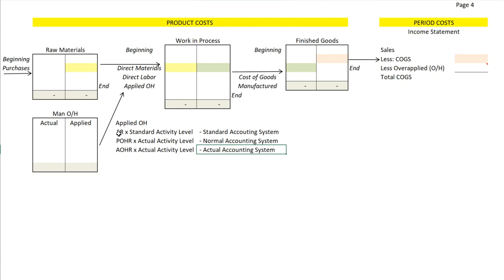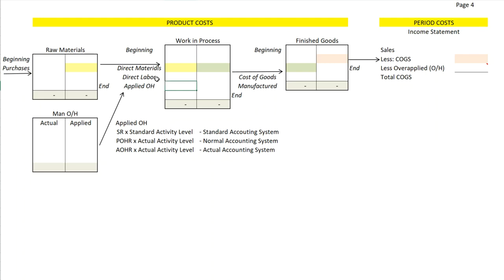And we're going to use it not to apply just manufacturing overhead, but to track costs throughout our manufacturing process. We will record purchases at standard cost. We will record materials issued into production at standard cost and standard quantities. Direct labor will be applied at standard hours and standard rates, and we'll apply overhead at standard rates and standard activity levels.